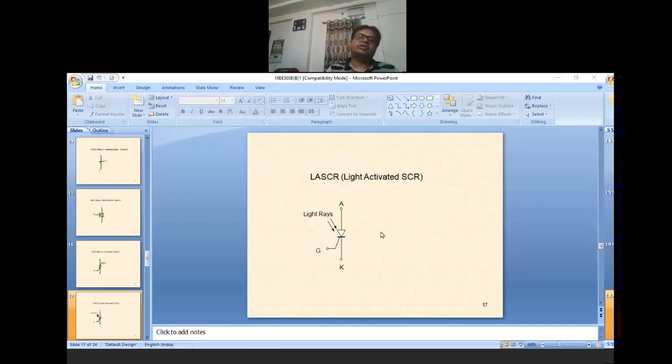Another interesting type of SCR is light activated SCR. It is just same as the conventional SCR, silicon controlled rectifier, but it is made up of materials which can be activated when some light rays fall onto them.